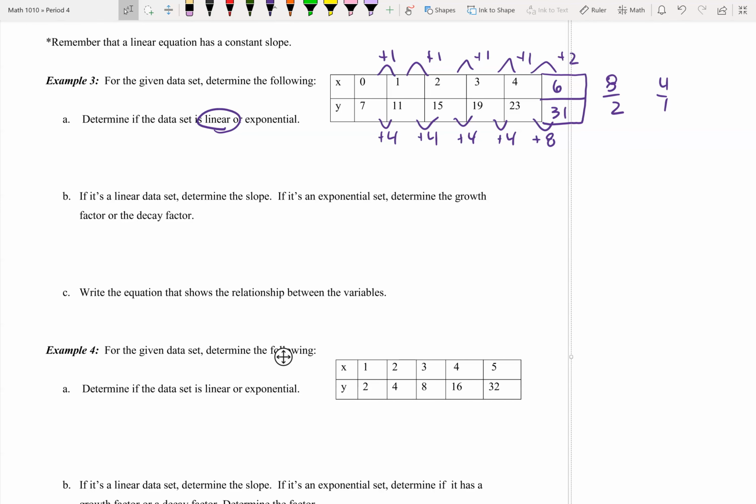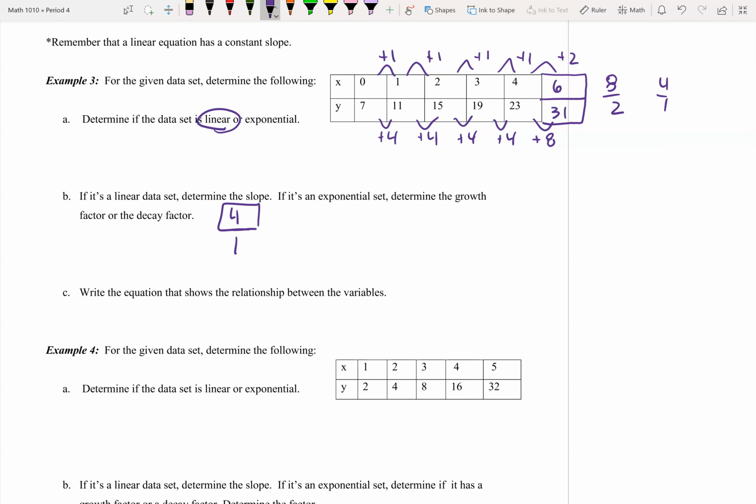If it's linear, determine the slope. I'm going to show you the easy way, and then I'm going to show you another way. So slope is change in y over change in x. The change in y is 4 over the change in x is 1. So your slope is just a 4. That's all you have to do.